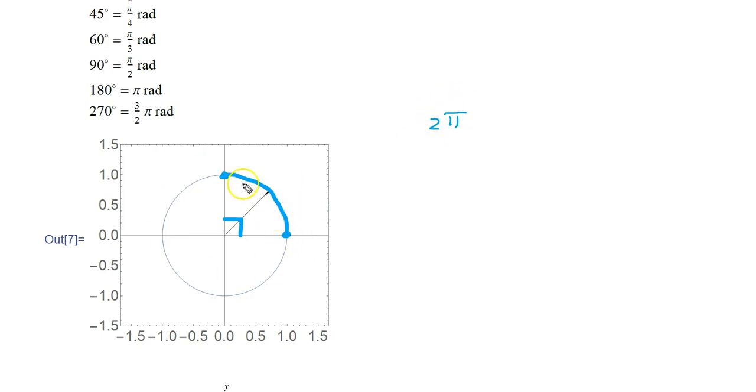And we see that this represents 1/4 of that distance. So if we take 2 pi over 4, we get pi over 2. So that's the distance from here to here, pi over 2. And so we see that pi over 2 radians corresponds to 90 degrees. And by similar reasoning, we have the other correspondences.